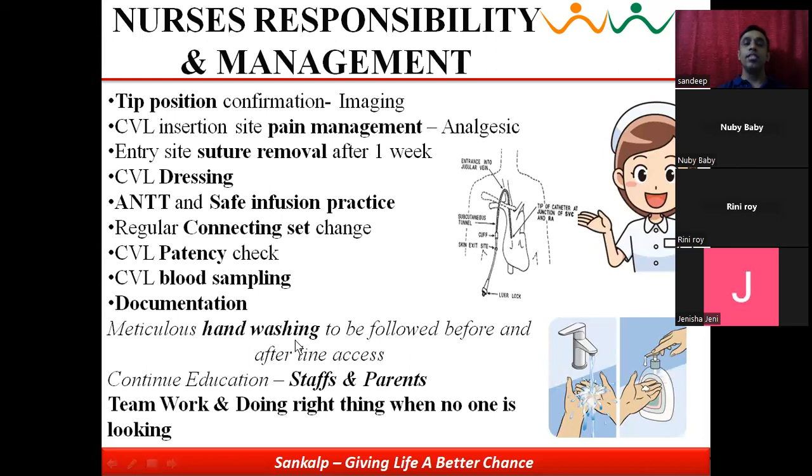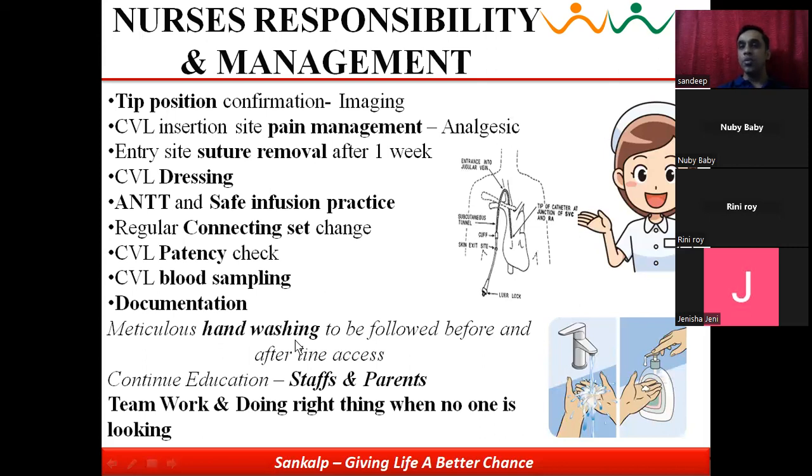And continuing nursing education is very important for staff nursing education and the attender nursing education. Why do we need to give attender nursing education? Central line infections will not happen only by accessing the central line. The skin care is also very important. Maintaining hygiene is also very important. So whenever attenders, when you go on rounds, when you talk to the patient, you have to check the patient has taken a bath clearly, and whether this neck area, all this area, is completely clear.